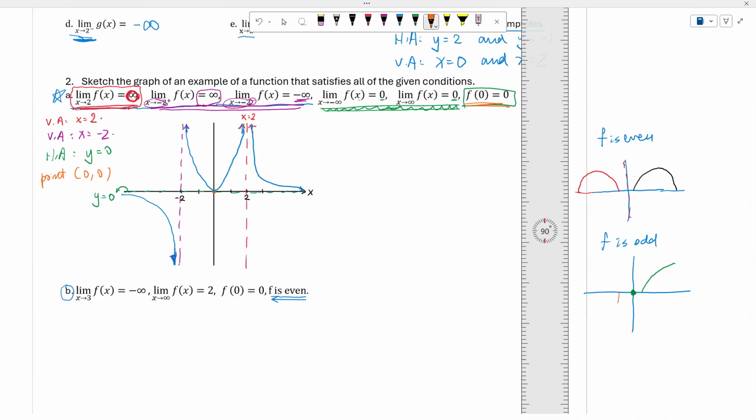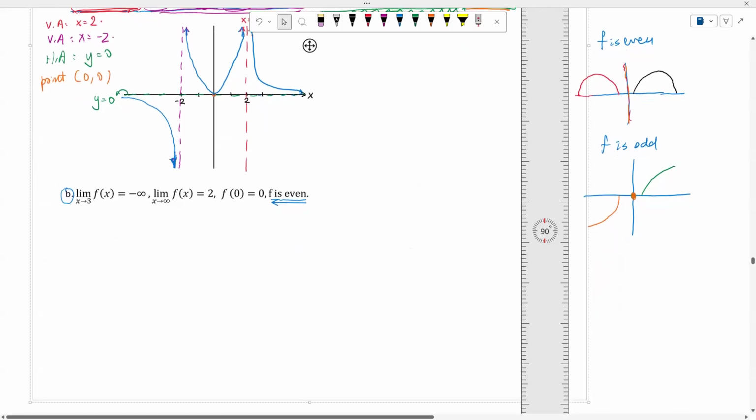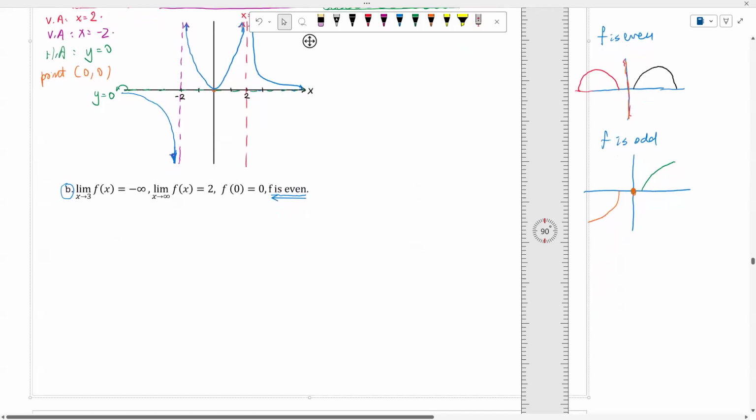It looks something like this. So if the function is odd, then it's symmetric with respect to the origin. If the function is even, then it is symmetric with respect to the y-axis. And now let us look at this problem.